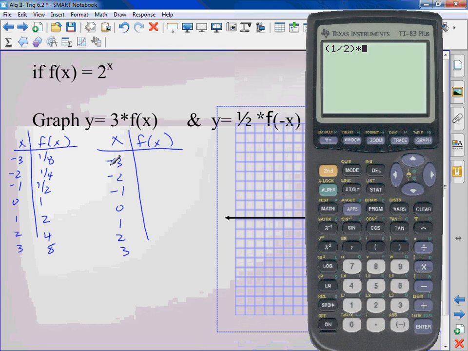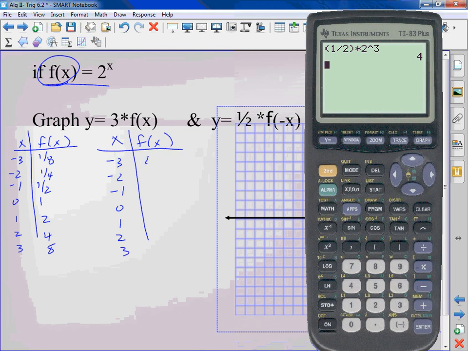So instead of using -3, I now use +3. So 2 to the third, which gives me 8, times 1/2 is 4. I'm using this because that's my f of x. So this is f of negative x. Instead of using -3, I now use +3.